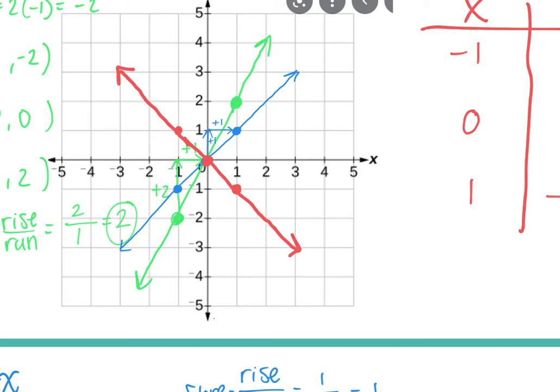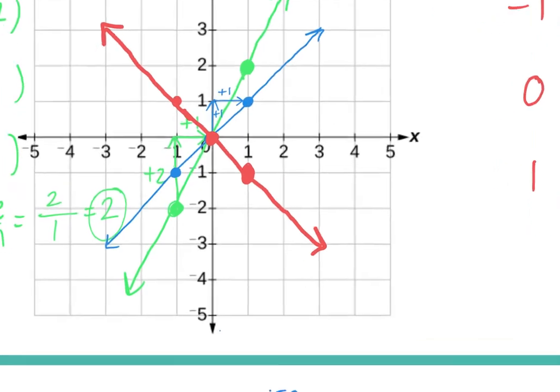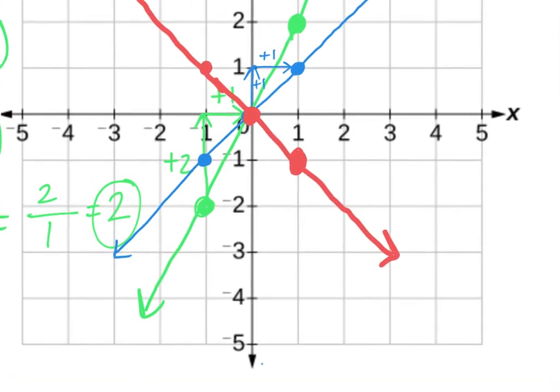So let's look at what happens when we find this slope. Let's start from the middle point, the point at the origin, and let's move to this point on the right. What movements did I need to do in order to get from the middle to that point on the right? JJ? Down and to the right.